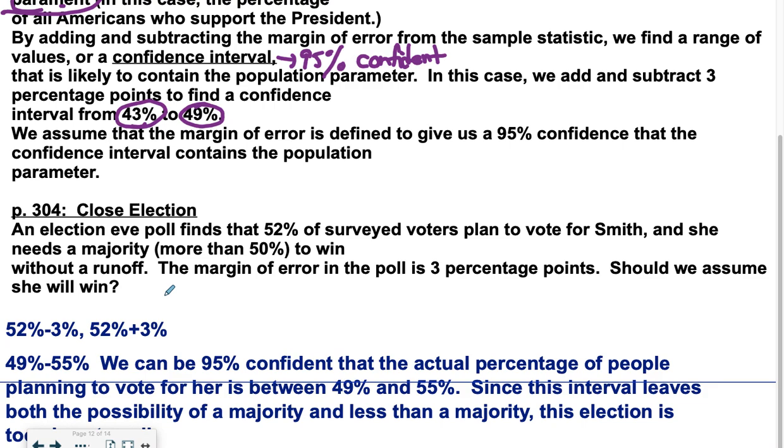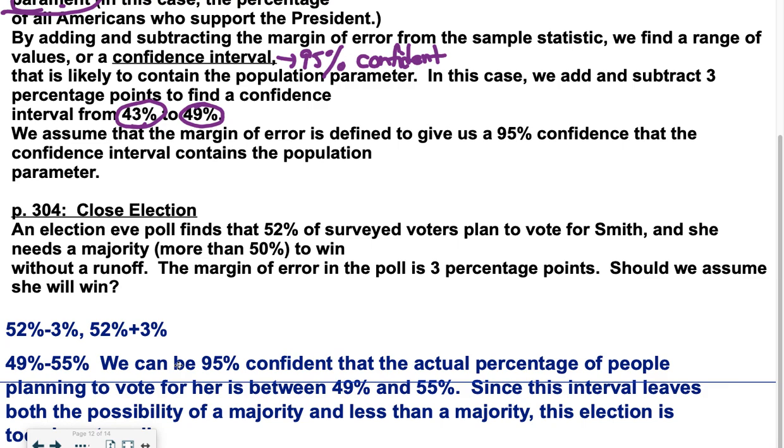So here's an example. An election eve poll finds 52% of surveyed voters plan to vote for Smith, and she needs a majority, more than 50%, to win without a runoff. The margin of error in the poll is 3 percentage points. So to find the confidence interval, 52 minus 3 and 52 plus 3 gives us an interval of 49 to 55%.